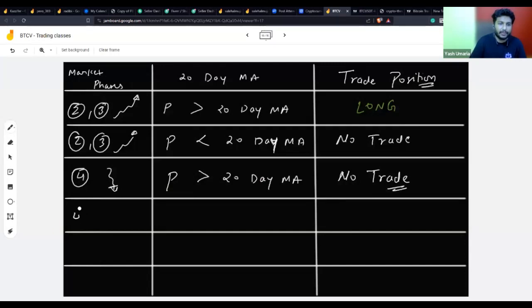Okay, next scenario. Fourth phase, the market is moving down, but this time the price is less than the 20-day moving average. Now what? Please do give answers if you are thinking about it.